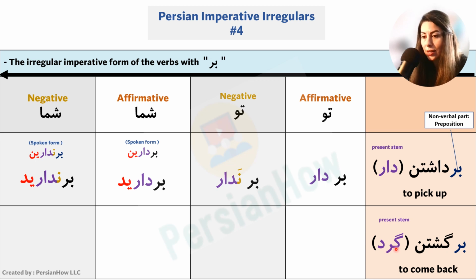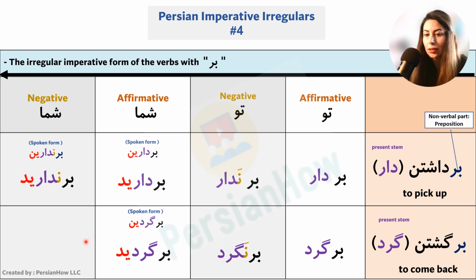Gard is the present stem. So we do not say bar begard. This is wrong. So we remove be and then we just say bargard. So bargard, barnagard, bargardid, which the spoken form is bargardin, and then barnagardid, which the spoken form is barnagardin.